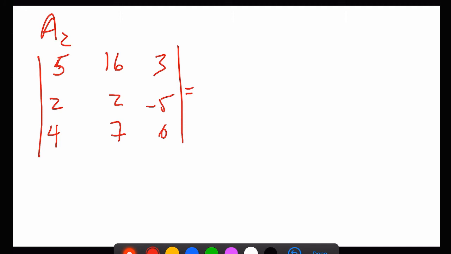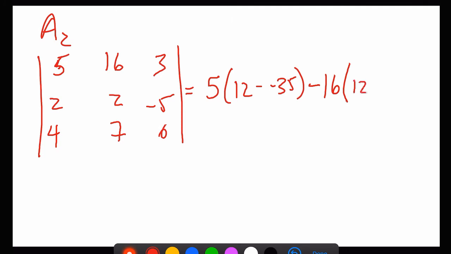So the determinant of this guy is 5 times 12 minus a negative 35, minus 16 times 12 minus a negative 20, plus 3 times 14 minus 8.